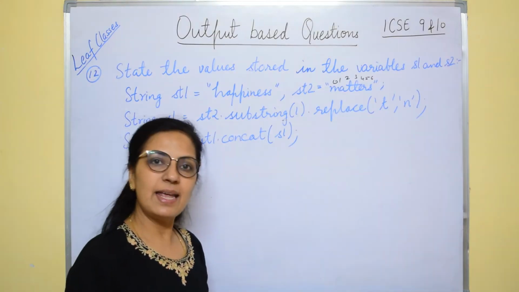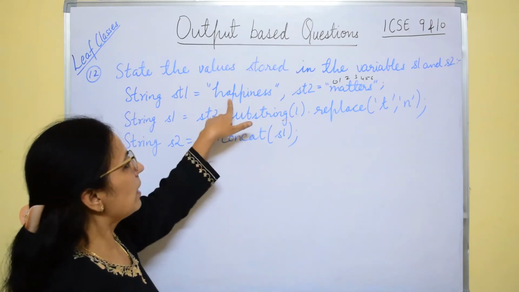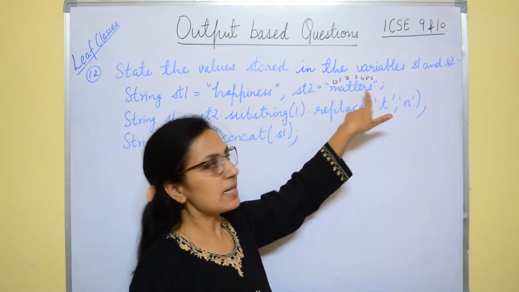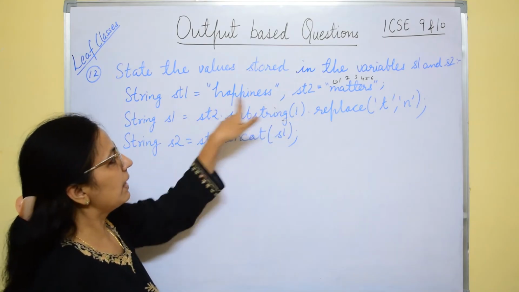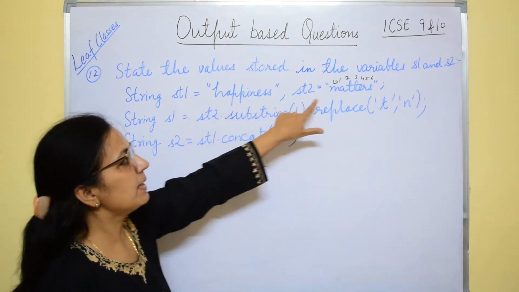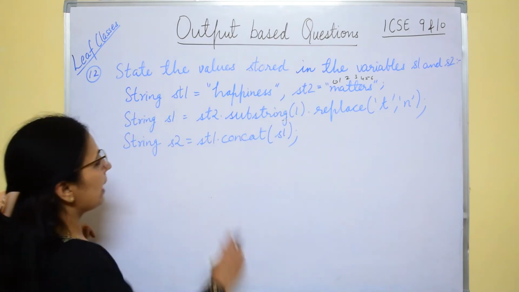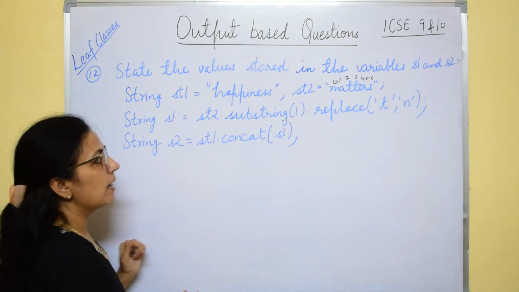Okay. The next output based question is using string functions. So any string given, you can always put the index number starting from 0. Two strings are given here, S1 with the value happiness and the string S2 is matters. String S1 equals to S2 dot substring.